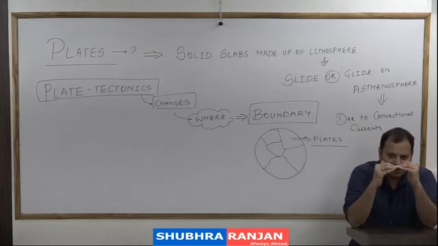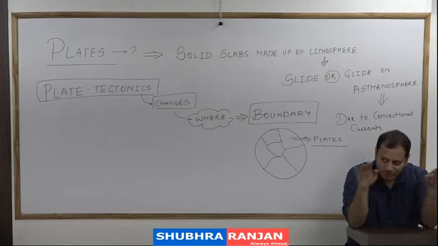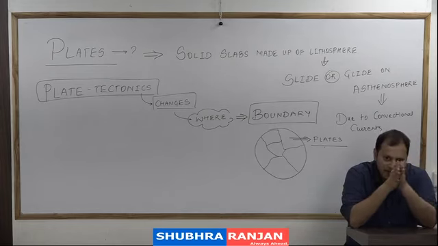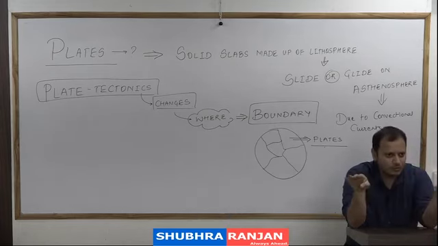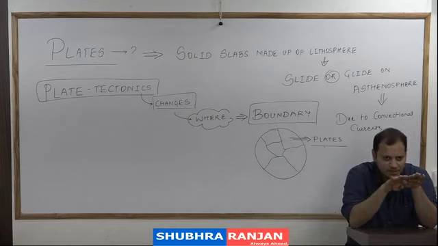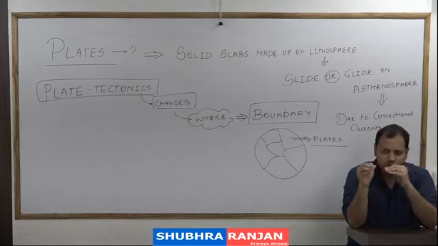Because they come near each other, we call it the convergent plate boundary. Some plates will move away from each other, and we will call them the divergent plate boundary. Some plates will slide across each other. They will neither come near each other nor go away from each other, they will just touch and rub each other, and we will call them the conservative plate boundary. Conservative or transform plate boundary, because there is no convergence, no divergence.